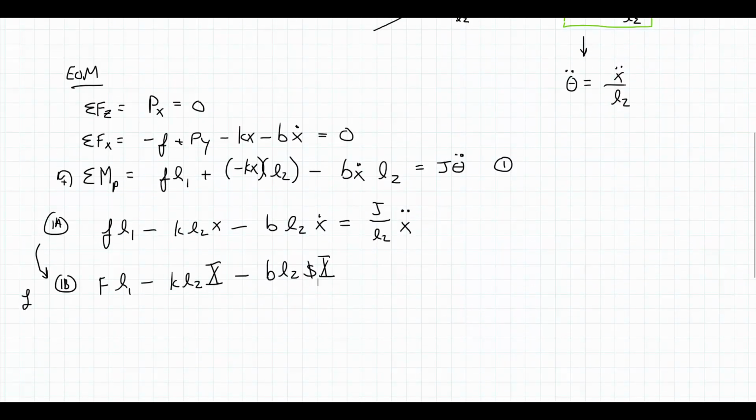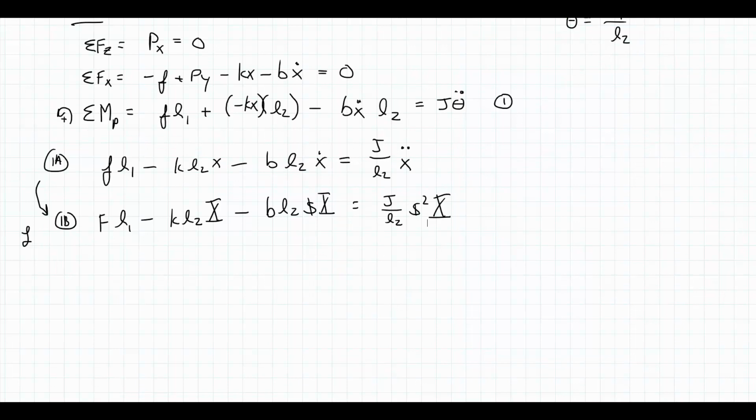So that leaves us just with this sX from the x dot, and x double dot equals J over L2 s squared times X. Same idea here, zero initial conditions, so x double dot just goes to s squared X. And we'll look at 1b, since that's the only equation so far that I've taken into the frequency domain, and look at my outputs and my inputs to see if I have enough to get where I need to go.